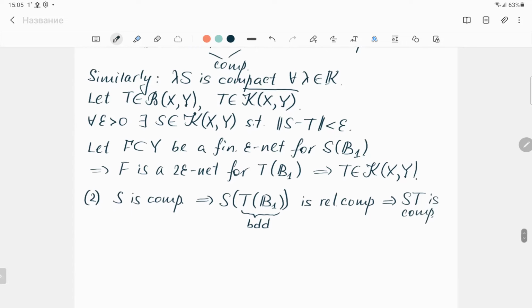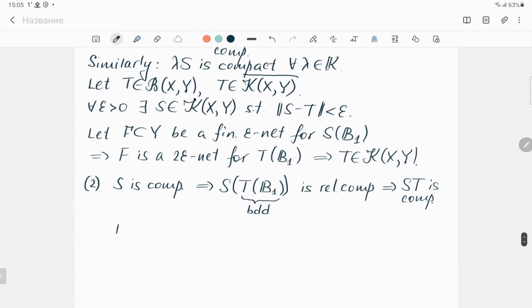And if we now assume that T is compact, and again we look at the same set, S of T of B1, now the image of the unit ball under T is relatively compact because T is compact, and S is a bounded operator, or equivalently S is continuous.